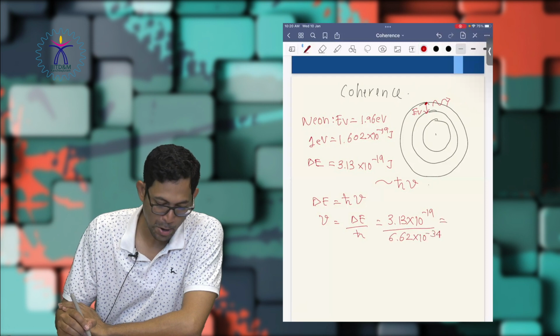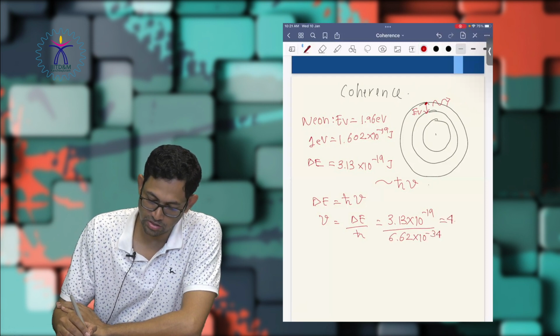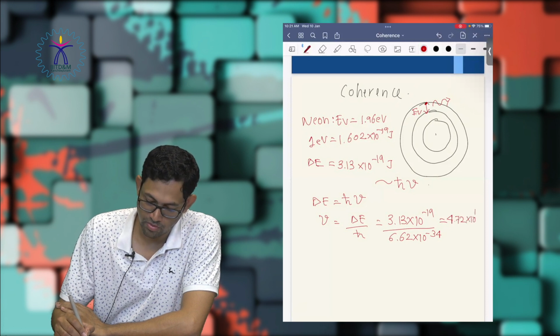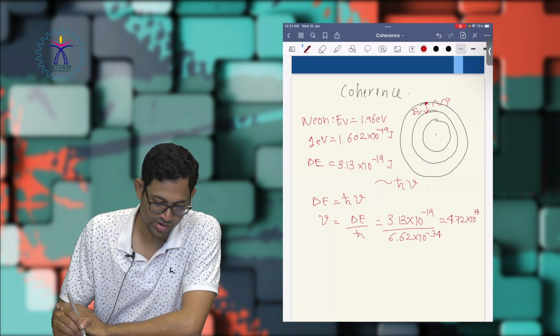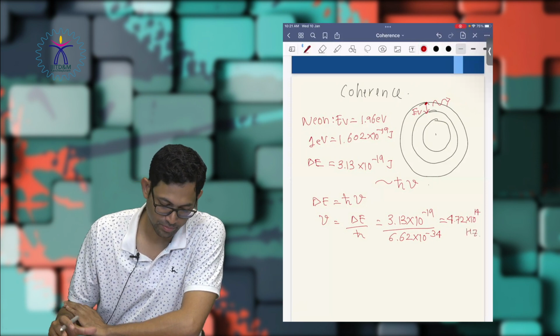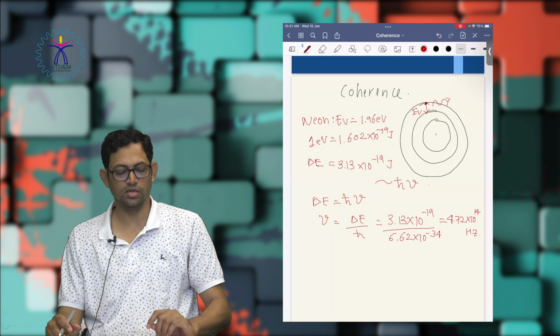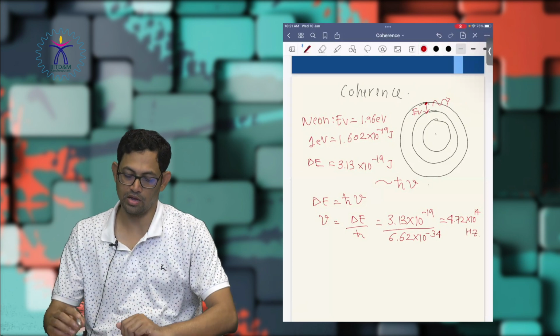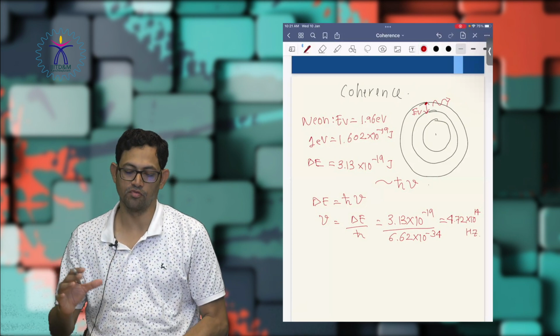If you do that, the frequency of the photon which is emitted is around 4.72 times 10 power 14 hertz. So this is the emitted frequency of the photon.